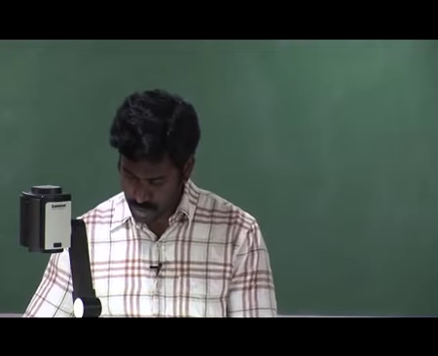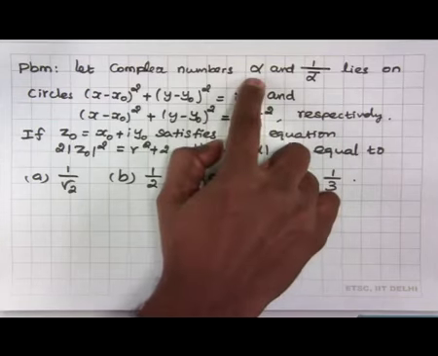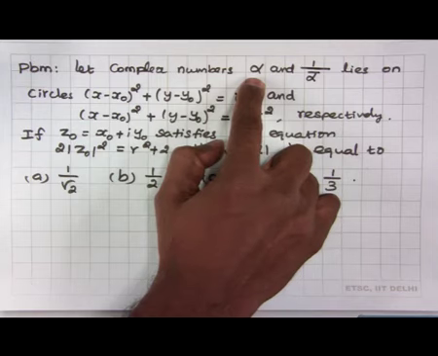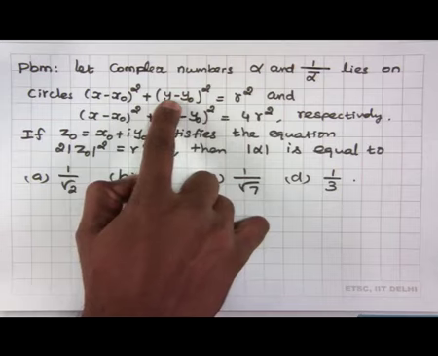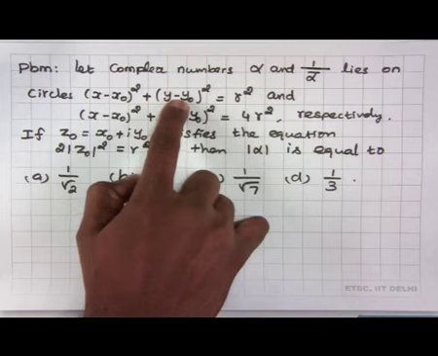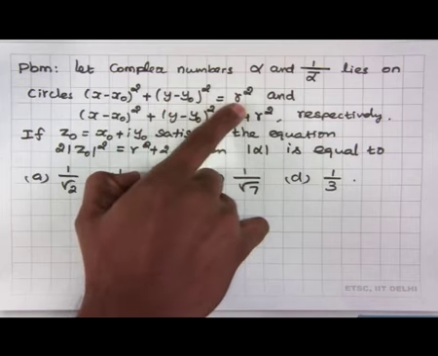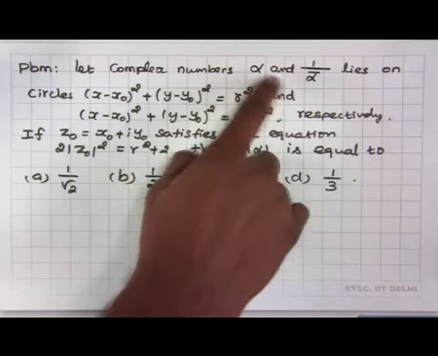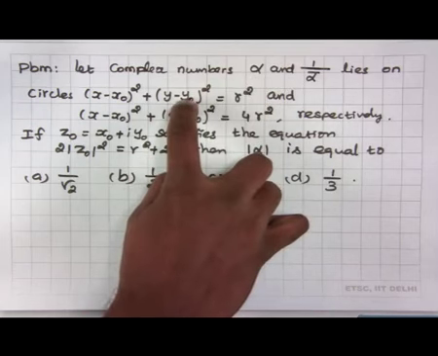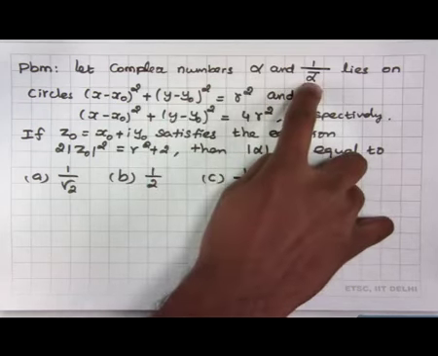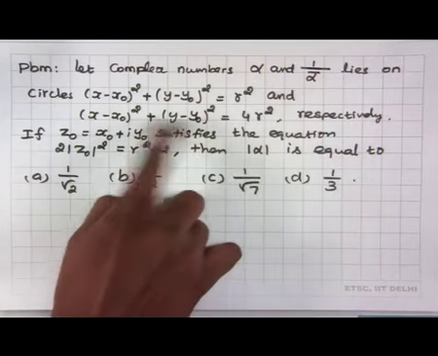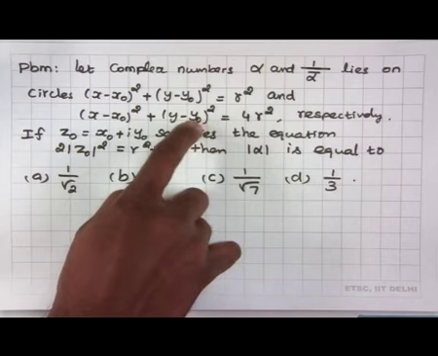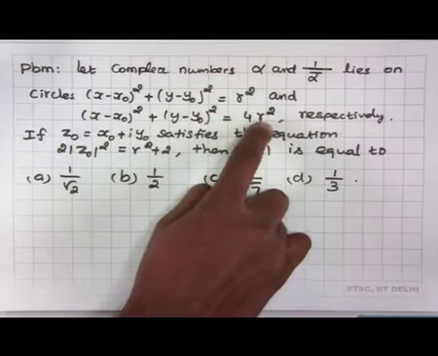And one more exercise. Suppose a complex number α lies on a circle centered at (x₀, y₀) with radius r, and suppose 1/ᾱ lies on the other circle with the same center but radius 4r².